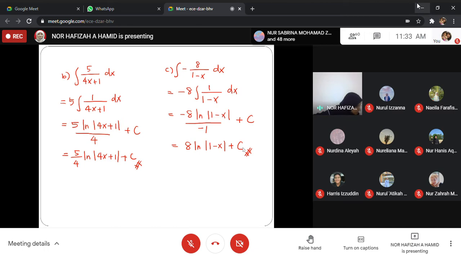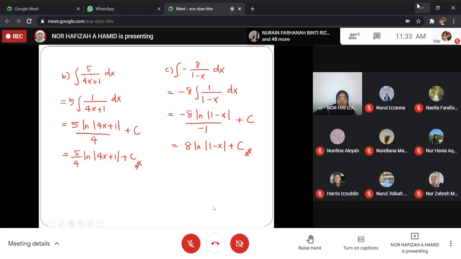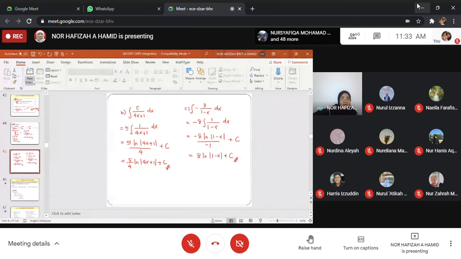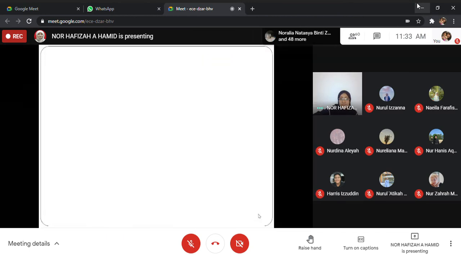Okay, so for D, we need to integrate x squared over 2x cubed minus 1 with respect to x.